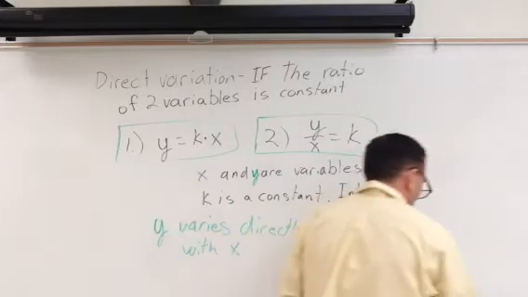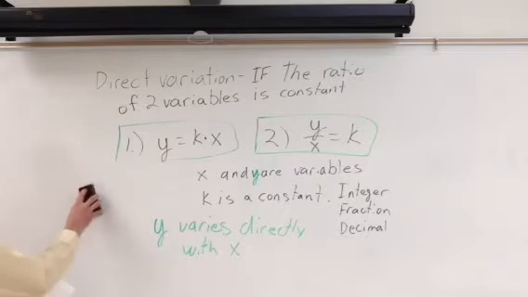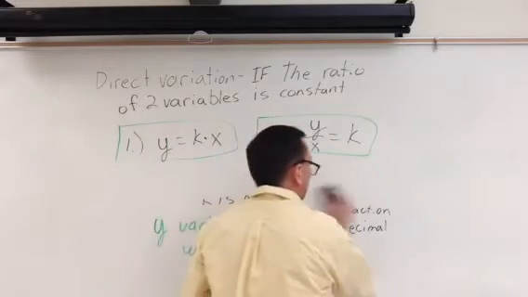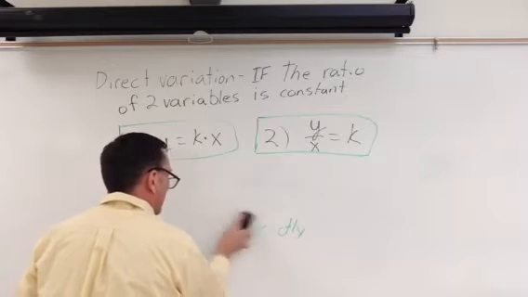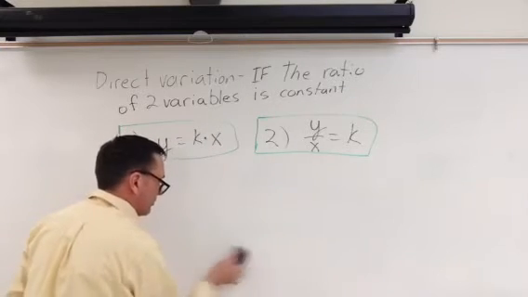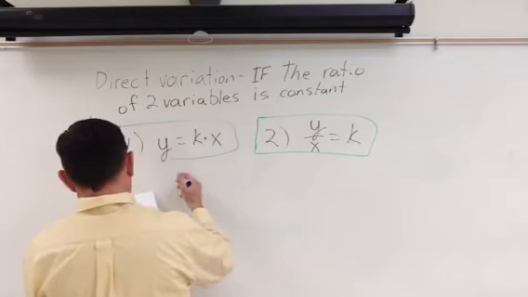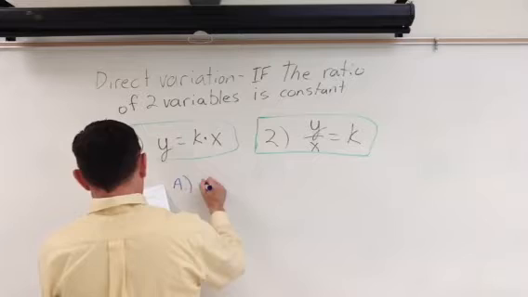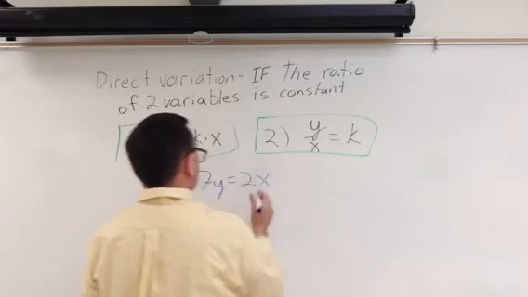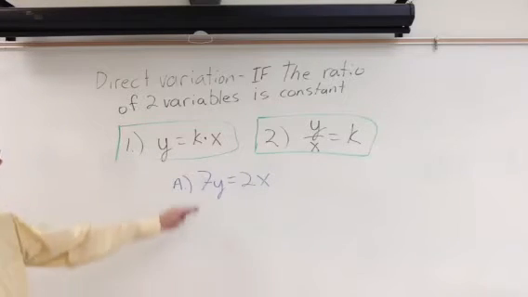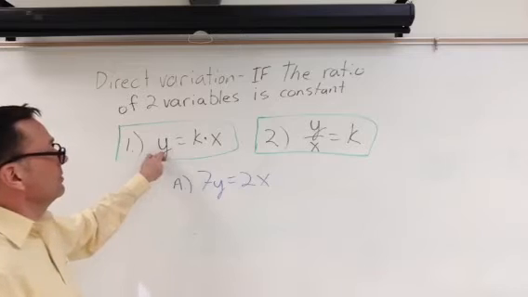So if we're looking at the first few problems, we have 7y equals 2x. Now we want to try to put it in one of these forms. So for letter A here, 7y equals 2x. Well, if I look at this, none of these indicate a number by the y value.